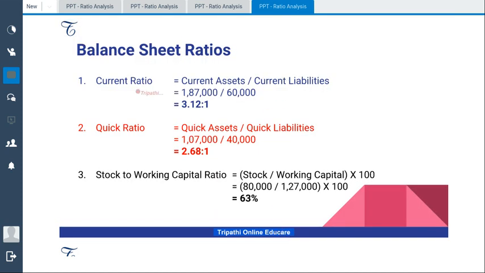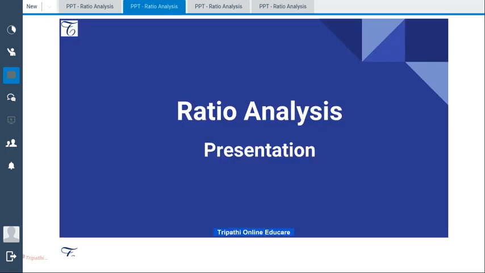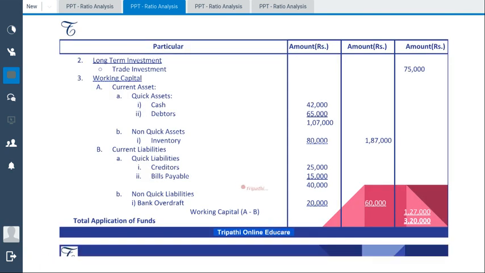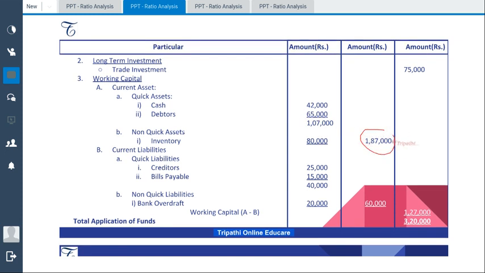So in that, the first ratio that we have is current ratio. The formula for current ratio is current asset upon current liabilities. So if you go to the balance sheet and check the total of current asset, total of current asset is 1,87,000 and total of current liability is 60,000.